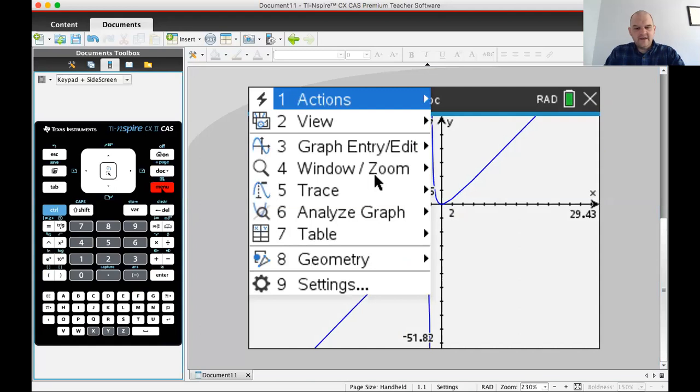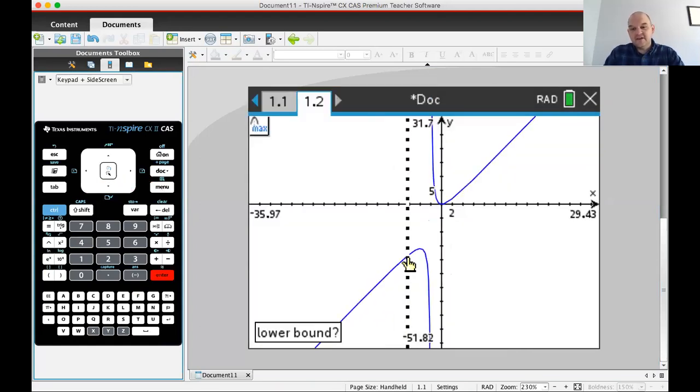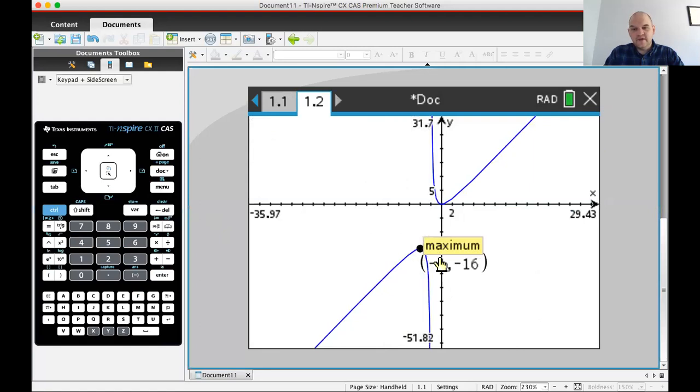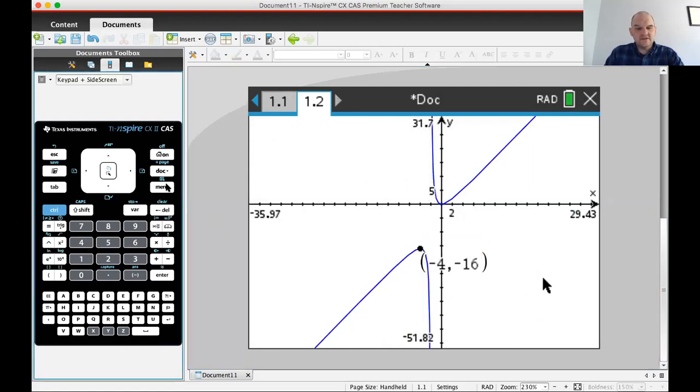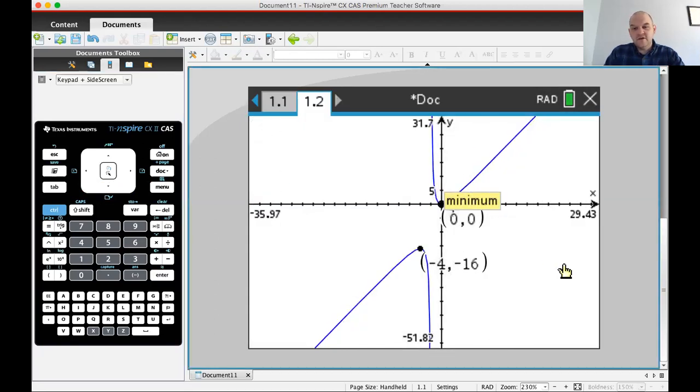So I think that the maximum that I'm seeing is definitely at x equals -4. And there it is. And I think that this minimum that I'm seeing is definitely at x equals 0. And I know that there's a vertical asymptote at x equals -2. I also think there's a slant asymptote.